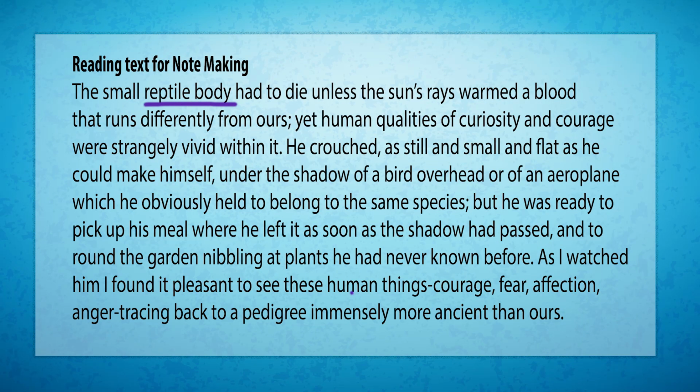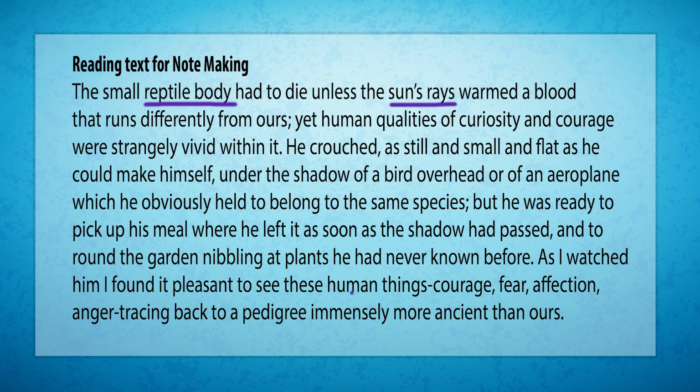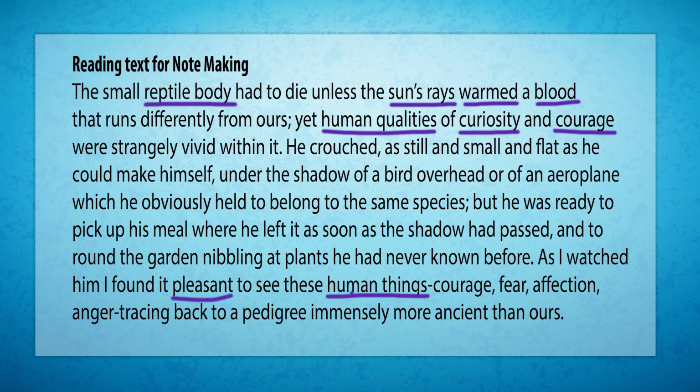Express affection, reptile body, sun's rays, warmed blood, human qualities, curiosity, courage, pleasant. For two lines, you don't find anything very important. Human things, courage, fear, affection, anger, tracing, ancient. Okay. Fine, learners, this is how she has underlined the keywords of this.